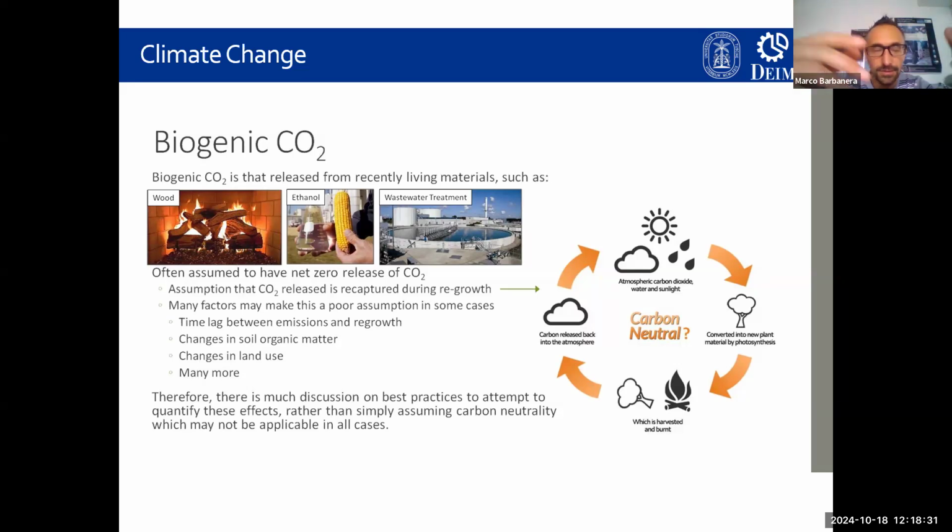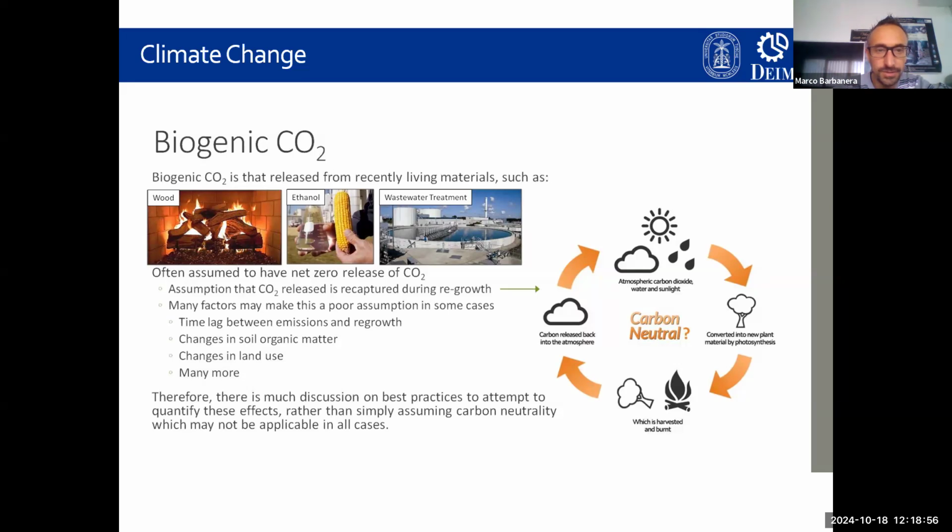What are the differences? The difference is that biogenic greenhouse gases are released from biological processes, from living materials.